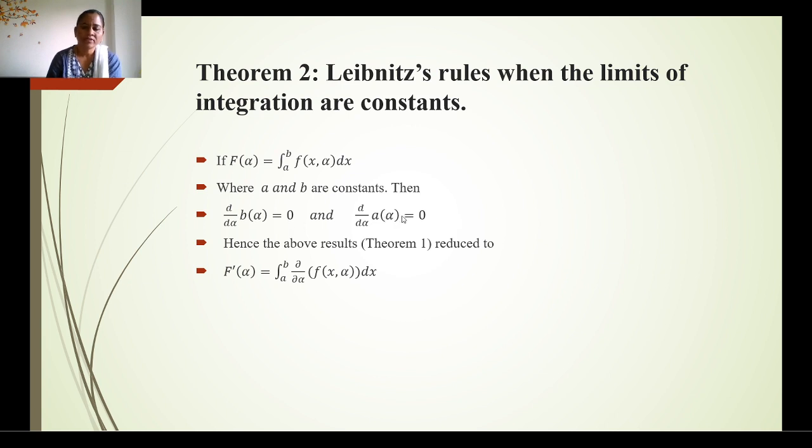Both limits are constant, so their derivatives are 0. Hence theorem 1 reduces to this form: f dash of alpha is equal to the integral of a to b of del by del alpha f of x comma alpha dx. Hence theorem number 2.